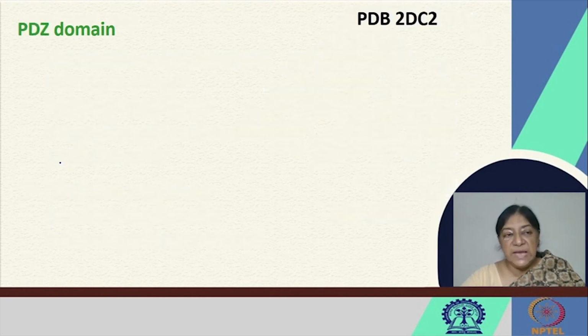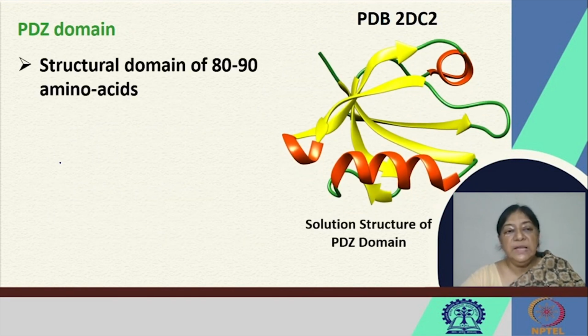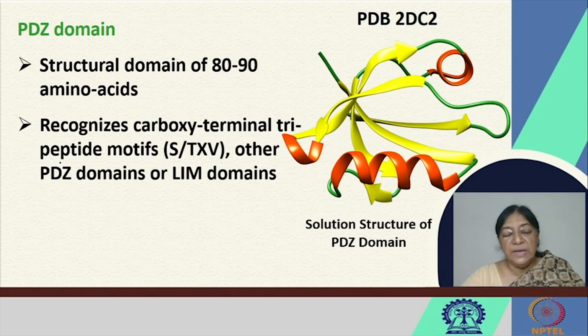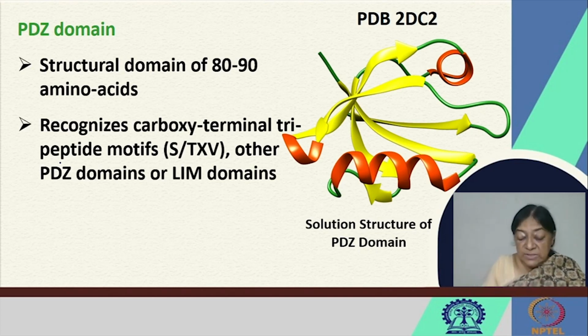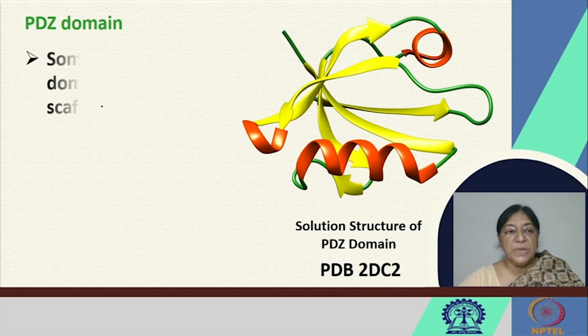The PDZ domain is another domain that is involved in recognizing the carboxy terminal tripeptide motifs and also other PDZ domains or LIM domains. This structural domain consists of 80 to 90 amino acids in the recognition site. This binds via short peptide sequence, which has a C-terminal hydrophobic residue that is required for the recognition.